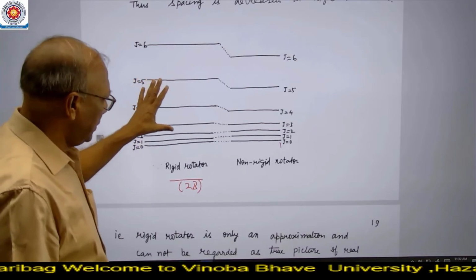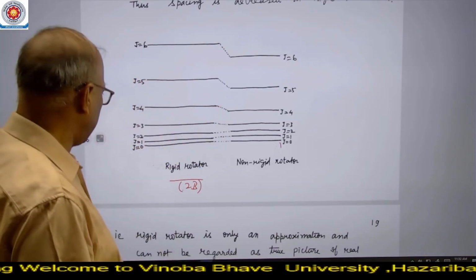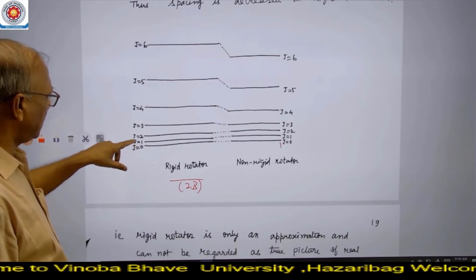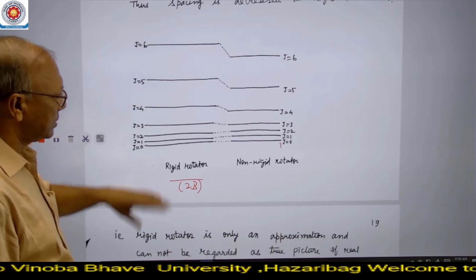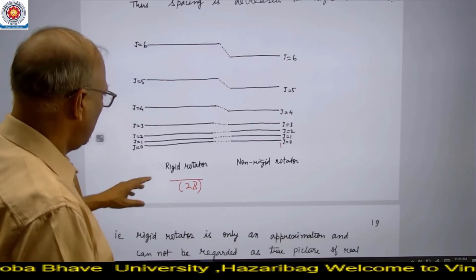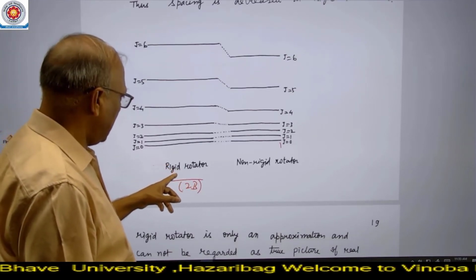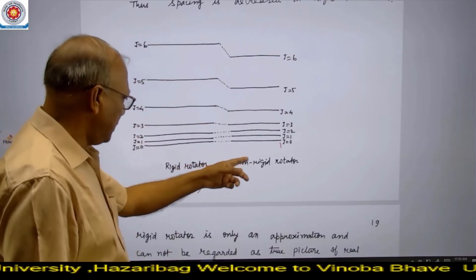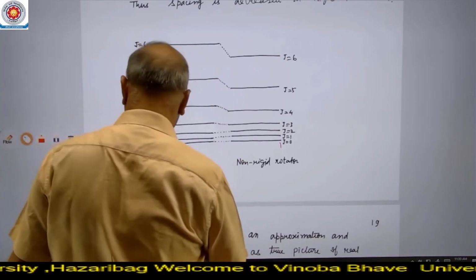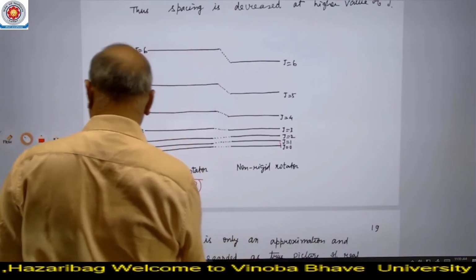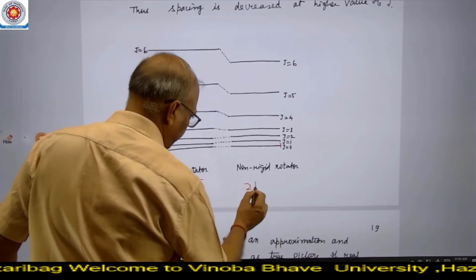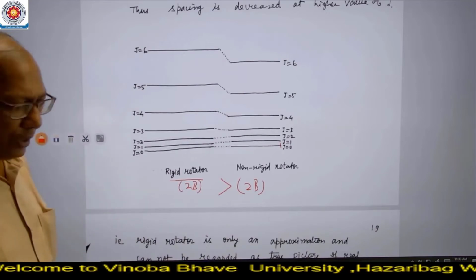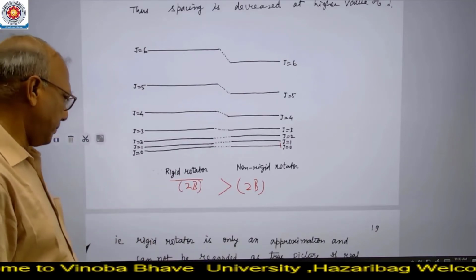If we see this figure, this is the normal case: J is equal to 0, J is equal to 1, J is equal to 2, 3, 4, 5 and 6 and so on. For a rigid rotator and for a non-rigid rotator, the situation is like this. That is, here the 2B value is less than in the case of the rigid rotator.